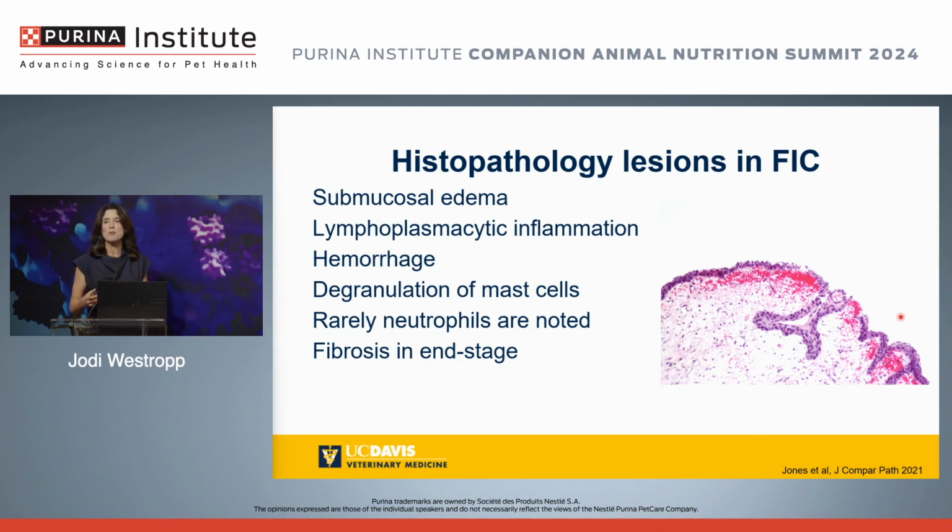You will see some submucosal edema most commonly. Occasionally, you'll see lymphoplasmacytic inflammation, more so in the classic form. Hemorrhage, of course. I'll talk a bit about mast cells, too. Rarely are neutrophils involved in this disease, and as I said, at the end it can become actually fibrotic.